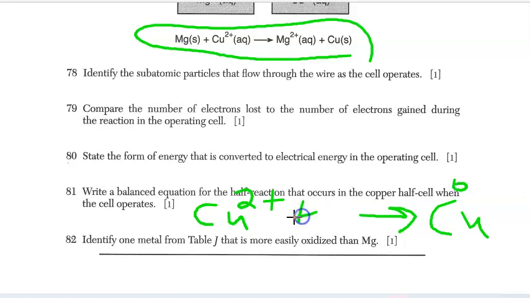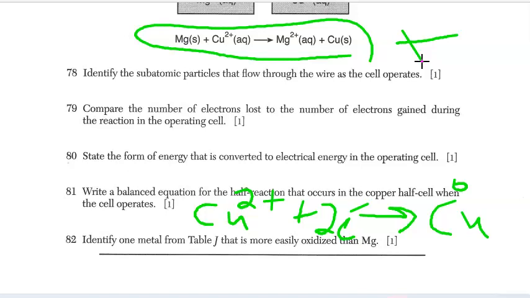That means that this copper ion is gaining 2 electrons and becoming a copper atom. So there is your balanced equation. Anytime you're dealing with half reactions and trying to balance equations, if you're given that overall equation, you pretty much just have to bring down what you're focusing in on and then balance out with electrons.